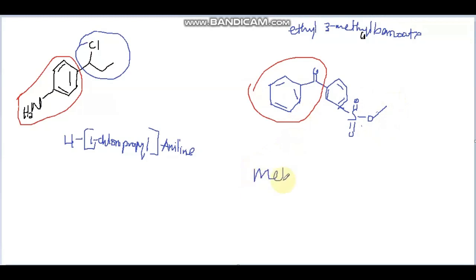That's the methyl group. Then we come to positions 1, 2, 3 of the benzene sulfonate. We have the benzoyl, so we have 3-benzoyl. Then the name of the main chain is benzene sulfonate. So we have methyl 3-benzoylbenzene sulfonate.